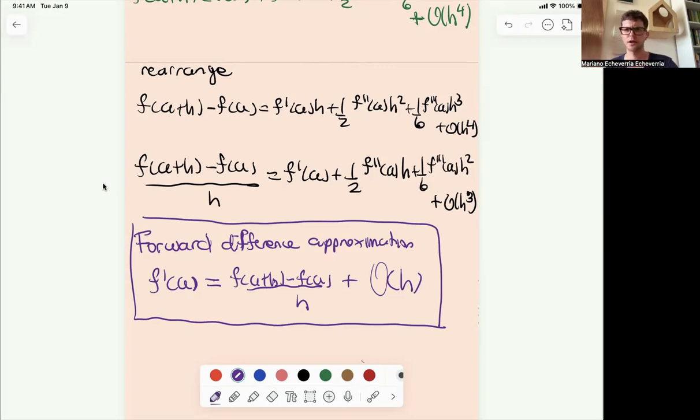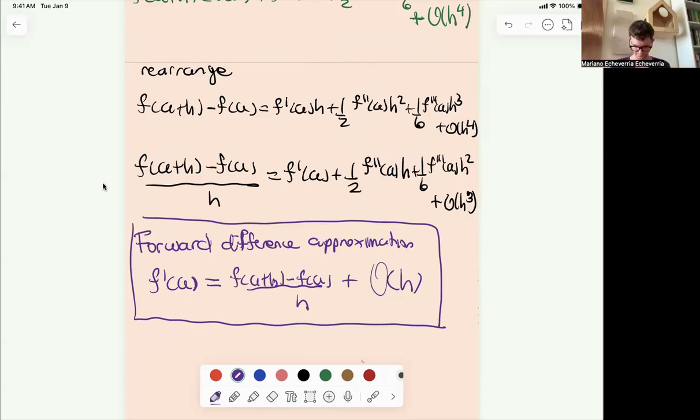Is that making sense? Of course, in practice, the way you would use it is you give h as a small value, like 0.0001 or whatever, and then you plug in that value, and that's the approximation to the derivative that you would use, right?